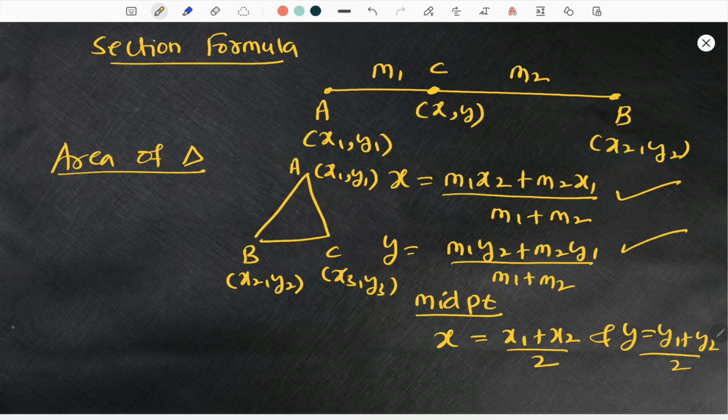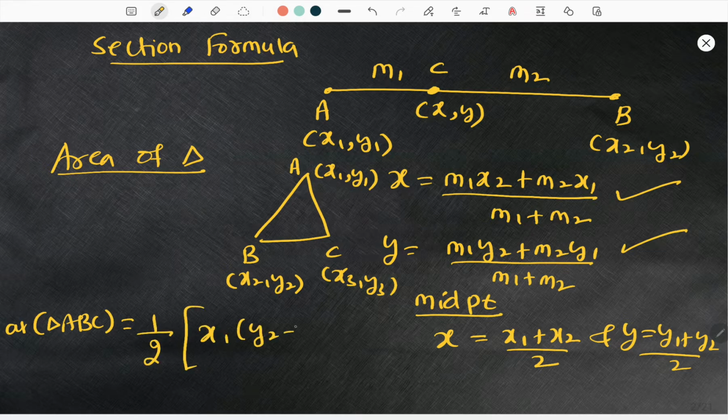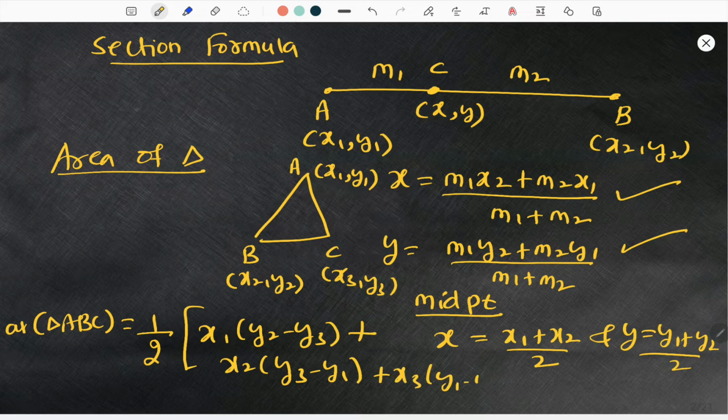Then the area of this triangle ABC is going to be 1 by 2 bracket x1 bracket y2 minus y3, plus x2 bracket y3 minus y1, plus x3 bracket y1 minus y2.